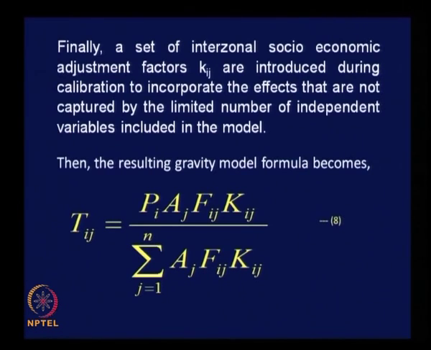Tij has to be written as Pi Aj Fij Kij, zone to zone adjustment factor, divided by sigma j equal to 1 to n Aj Fij Kij. We are introducing Kij both in the numerator as well as in the denominator.